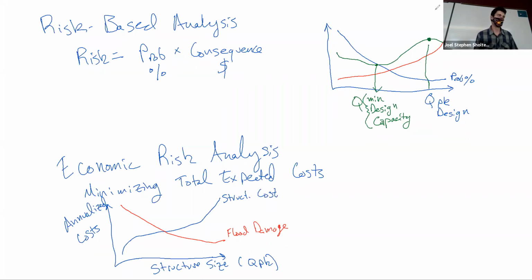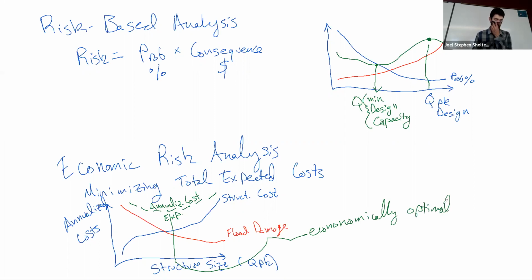And then we can do those formulas that we know about how to annualize a cost over 20, 30, 50 years. We can come up with an annualized cost curve, or expected cost, right? So maybe there's some sort of economically optimal solution to this.